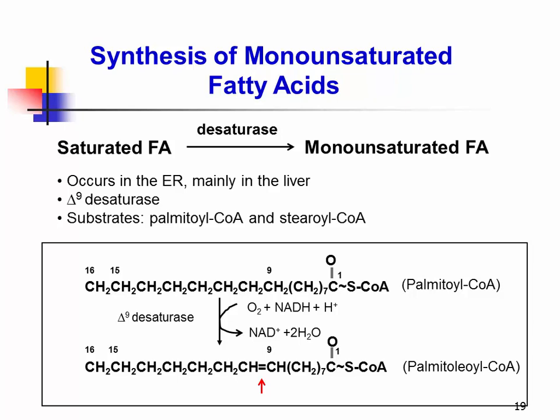Sometimes you have delta 5 or delta 6 or delta 9. This indicates the position where the double bond is formed in the fatty acid molecule. So delta 9 catalyzes the formation of a double bond at the carbon 9 position.